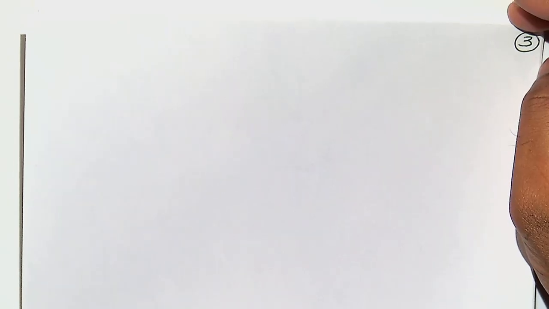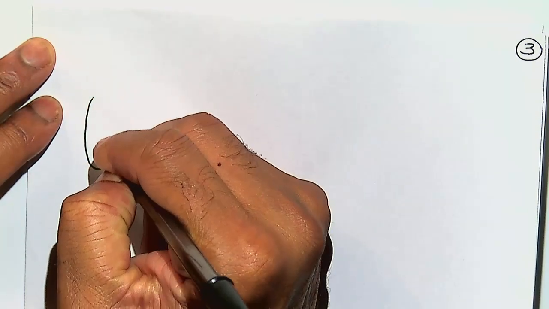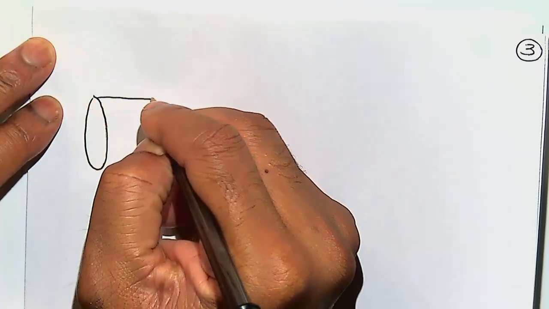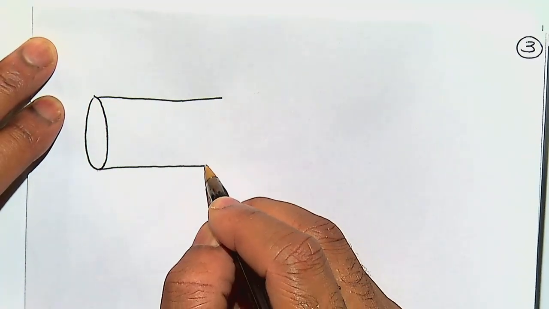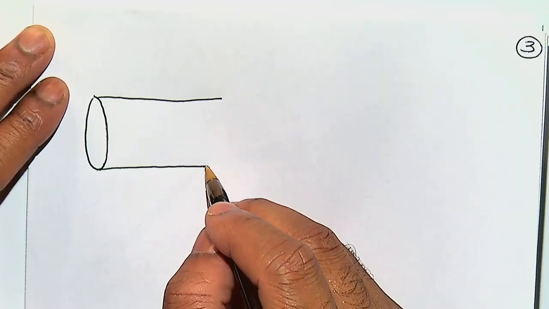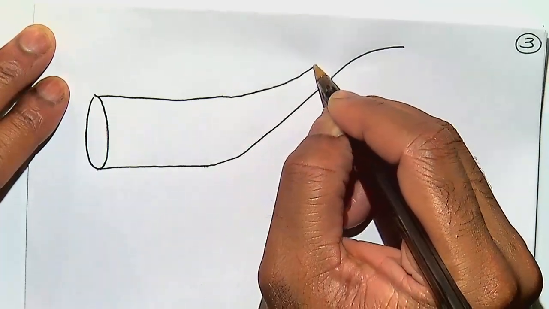So what happens if we have more complexity? What I mean is, what if our pipe not only changes shape, but let's say here's our pipe, and it changes shape and changes elevation like this?